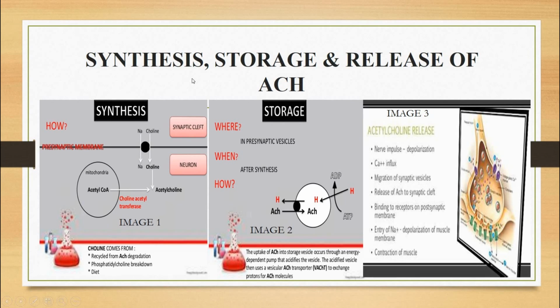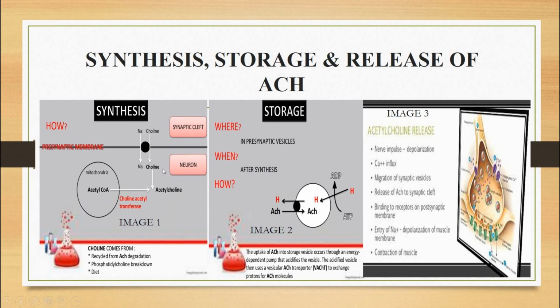Next is the synthesis, storage and release of acetylcholine. Synthesis of acetylcholine: it is synthesized at the cholinergic nerve endings. So here you can see that this is the synaptic cleft. From here, the choline and the sodium ion are entering the postsynaptic neuron.